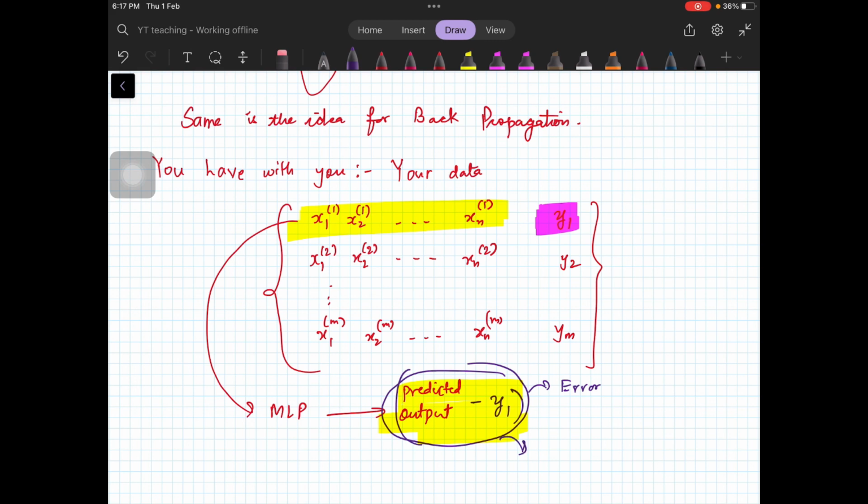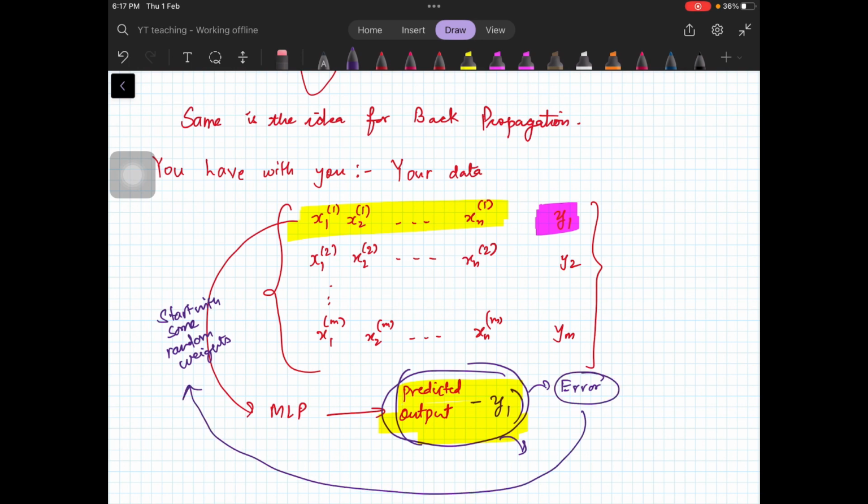You'll start with some random weights, and we'll see later that there are techniques to initialize the weights for an optimal process. So depending on this error, you are going to adjust your weights. This is the idea which we'll discuss mathematically in the next video.